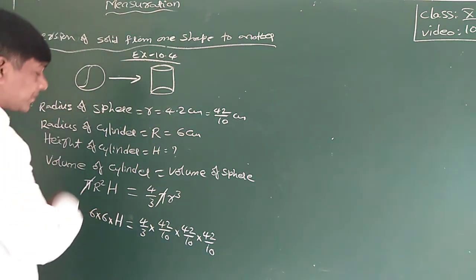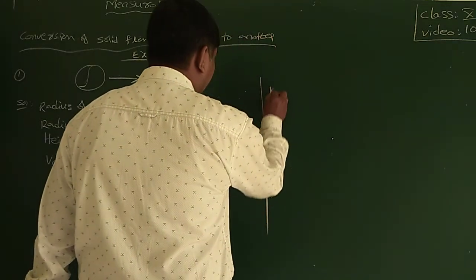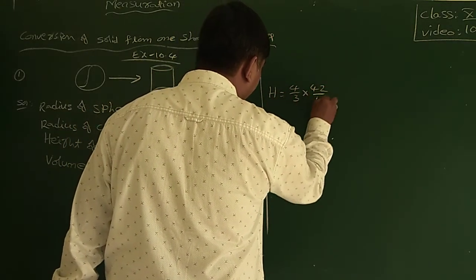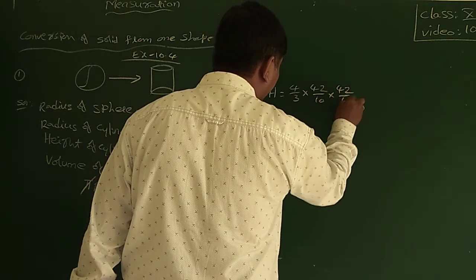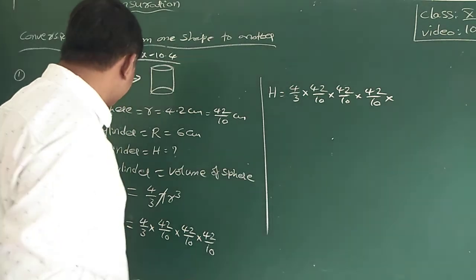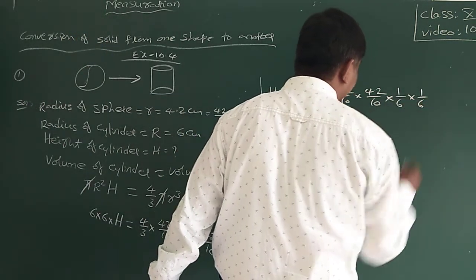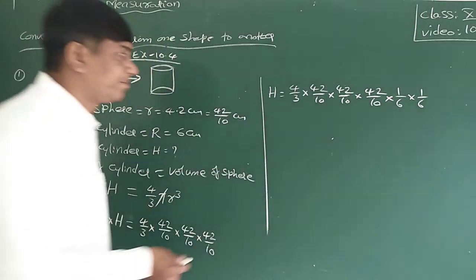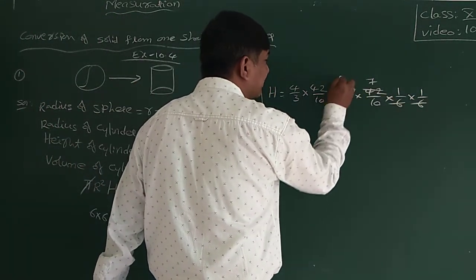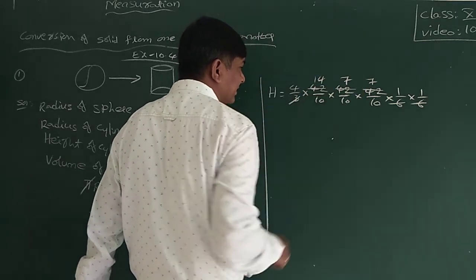Now transpose these values to this side. Then height is equal to 4 by 3 into 42 by 10 into 42 by 10 into 42 by 10 into, this 6 transposed to this side, 1 by 6 into 1 by 6. Six sevens are 42, so 3 ones, 3 fourteens.